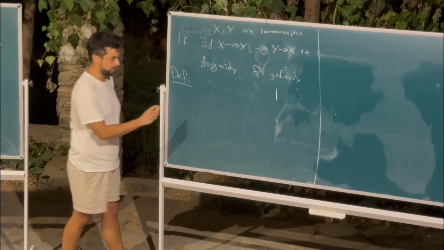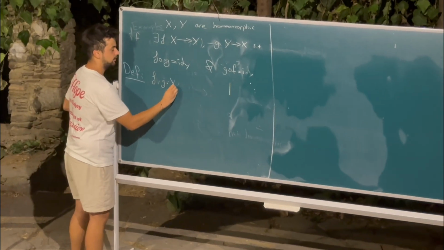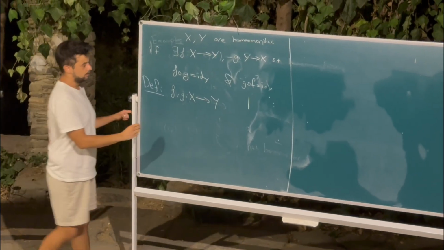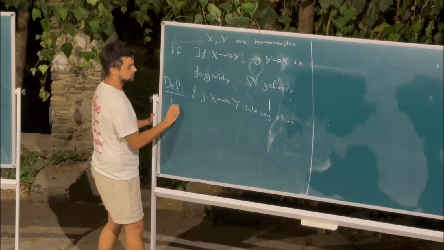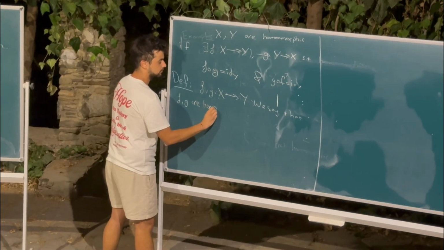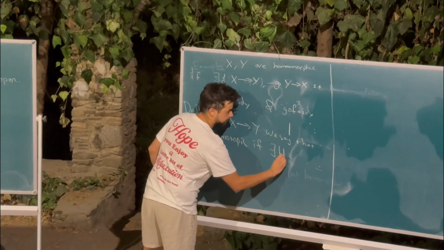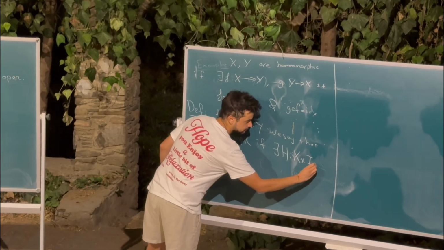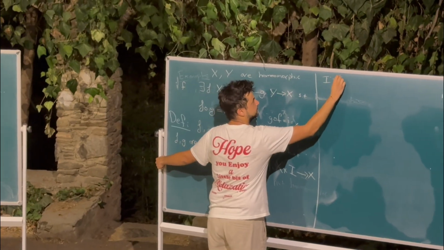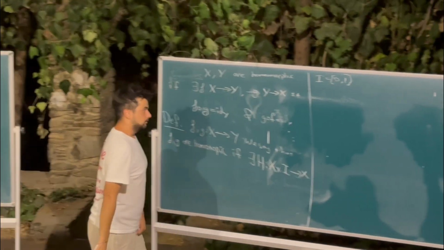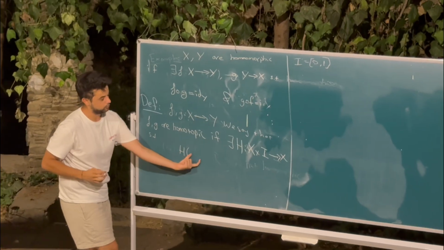Okay, so here comes the fun part. Suppose we have two maps f, g from X to Y, and we say that f and g are homotopic if there exists a function H from X times I, where I is the unit interval, such that H has two arguments.